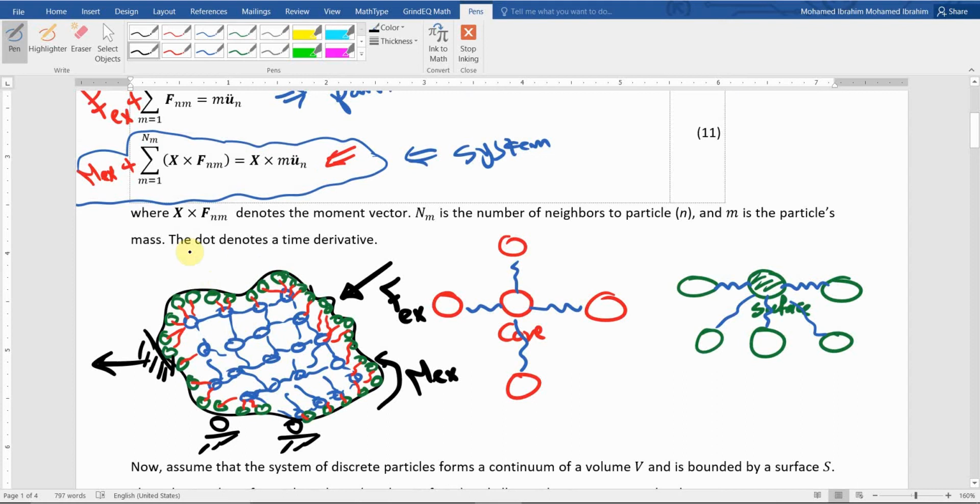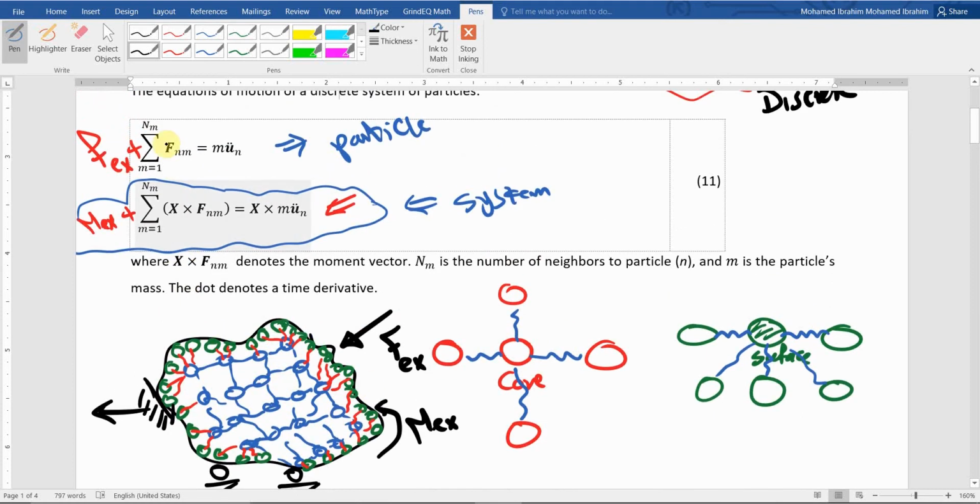For this case, it is fine to replace the summation with integration over the volume of this continuum, because these particles, their number is huge, but we are pretty sure how much they are because they form a continuum with a specific volume. We have an idea about the volume of this material. So instead of counting, which would be hard for us, it is fine to integrate.